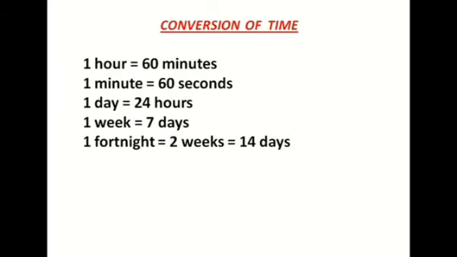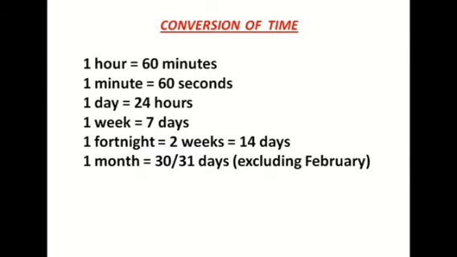1 fortnight means 2 weeks. That means 14 days. 1 month equals 30 or 31 days. Only February has 28 days. Yes, but when it is a leap year, February will get 29 days. 1 year equals 12 months and it equals 365 days.